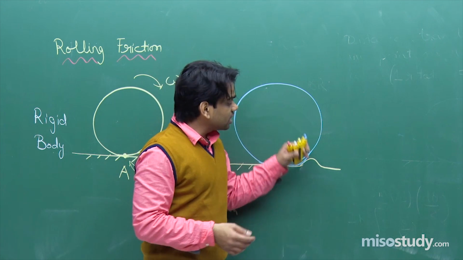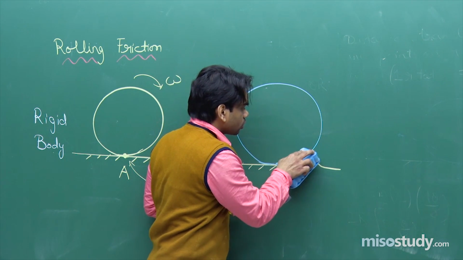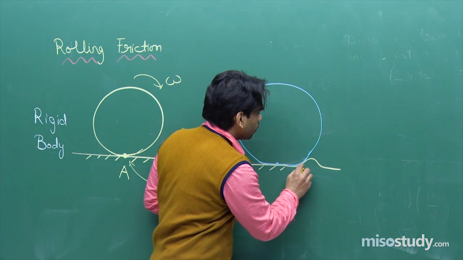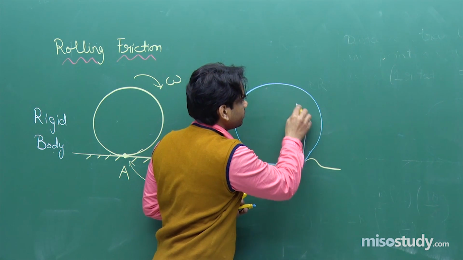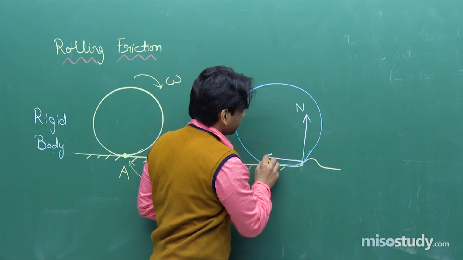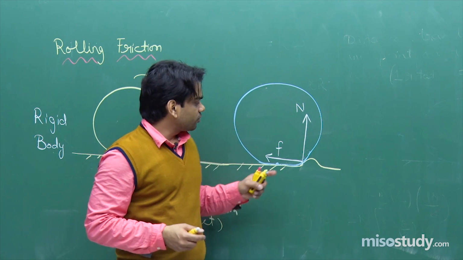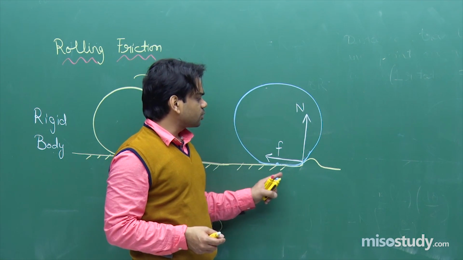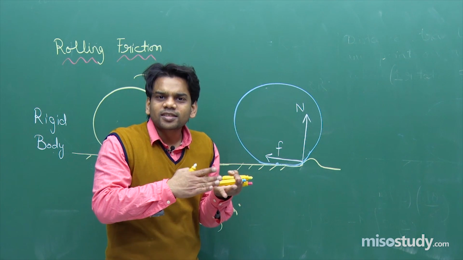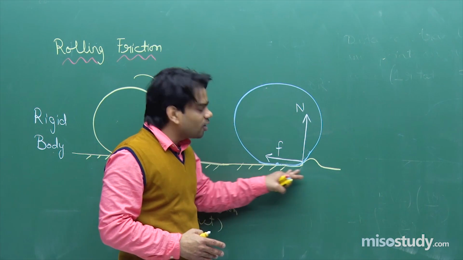Now this wheel is trying to exert a force on the ground, so the ground is going to exert a force on it, and that is the normal force. The normal force will be something like this, and the friction force will act on it in this given direction. This will be the sense of the friction force. We can see here this friction force is not acting at this point, it will be acting at this point, and this surface is actually not touching at only one point but at a layer of surface.